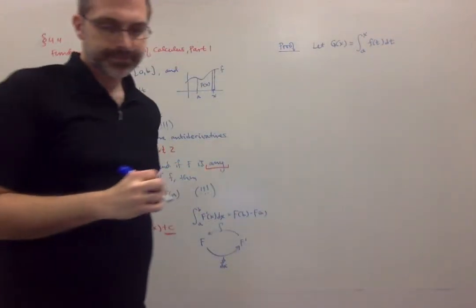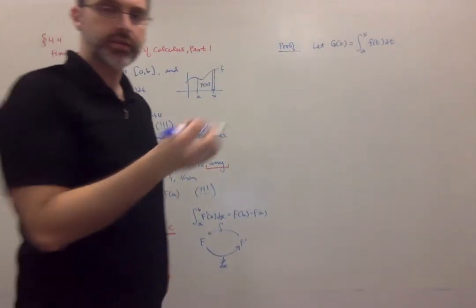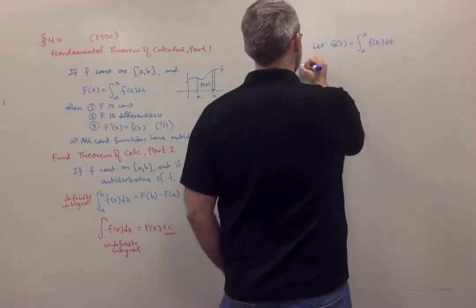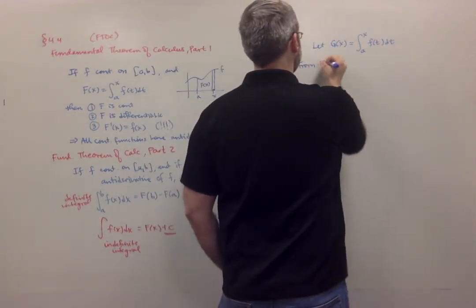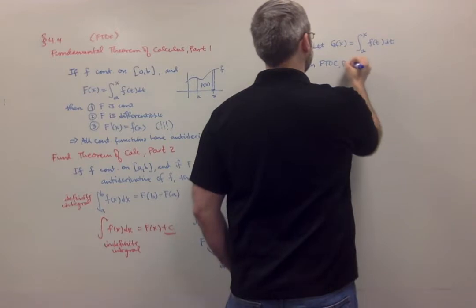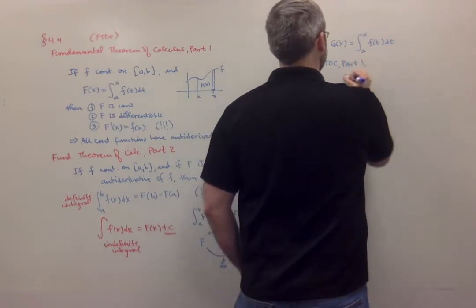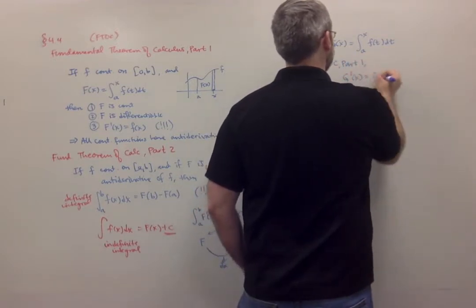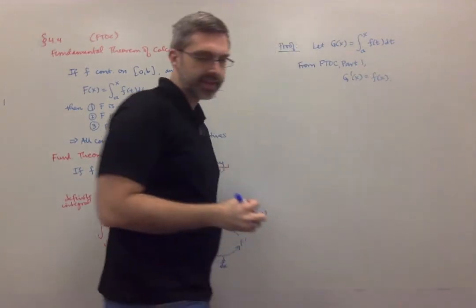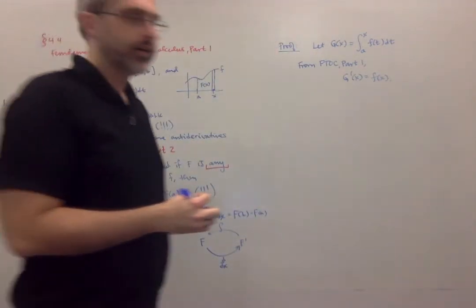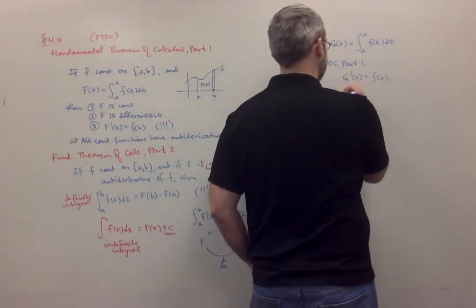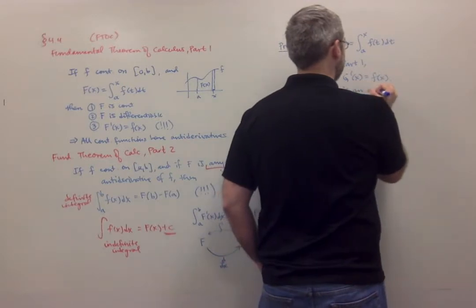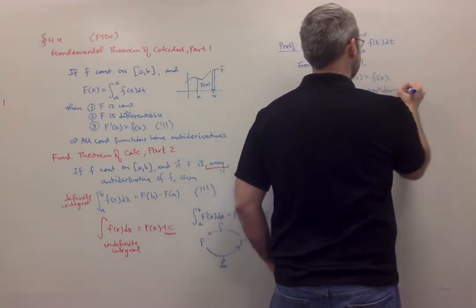Okay. One of the things that we proved in part 1, from fundamental theorem of calculus part 1, the derivative of g is little f, right? G is an antiderivative of little f.